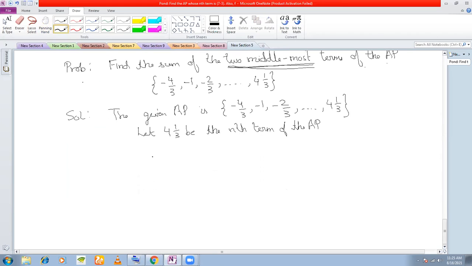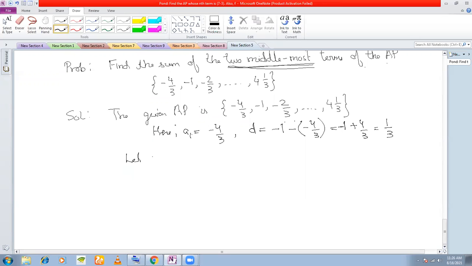Before writing this, let's see what A1 here is. Here A1, that is the first term, is -4/3. And what is the common difference? You take the difference of the first two, -1 minus -4/3. So you get -1 plus 4/3. So you get 1/3.